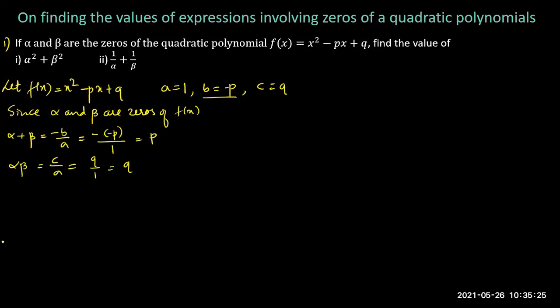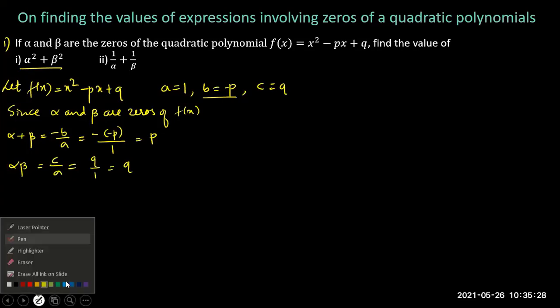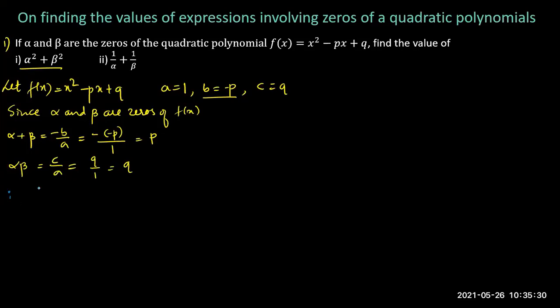Now this value we need to find out, first alpha square plus beta square. Just some rough work here. We know alpha plus beta whole square is alpha square plus beta square plus 2 alpha beta. This is in the form of a plus b whole square, a square plus b square plus 2ab.